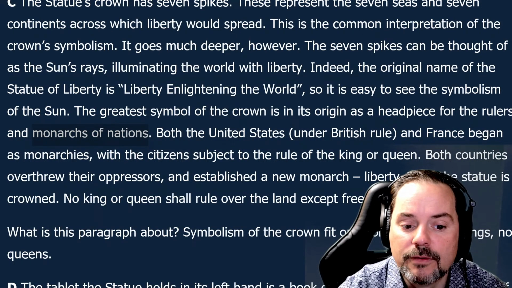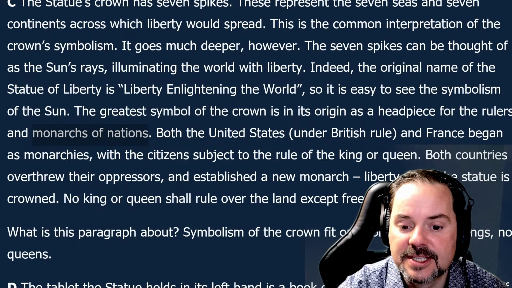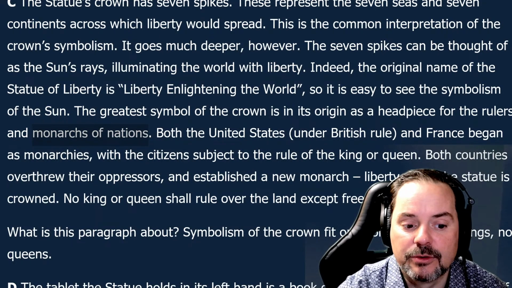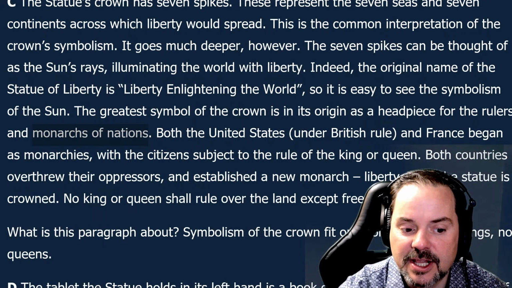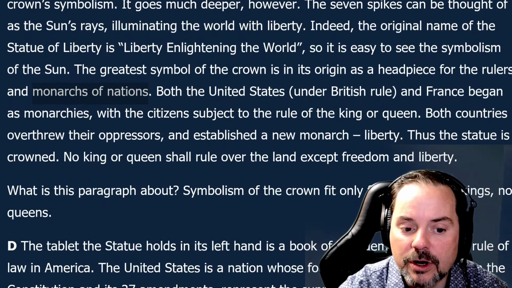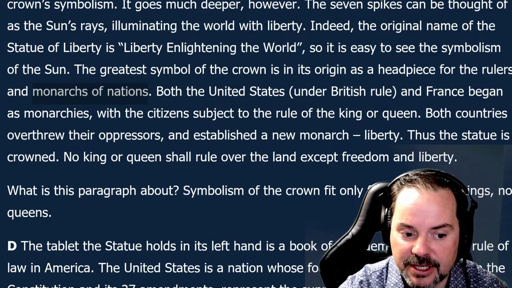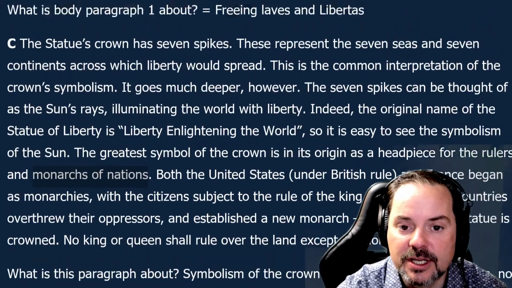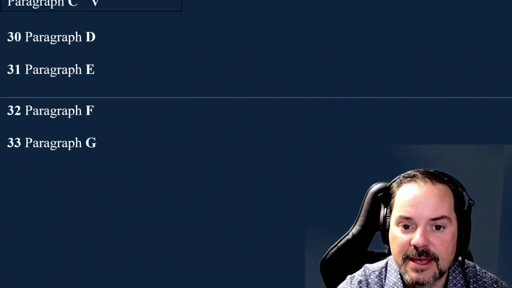Both countries overthrew their oppressors and established a new monarch, liberty. Thus the statue is crowned. Pay attention to that last sentence: no king or queen shall rule over the land except freedom and liberty. So symbolism of the crown, fit only for freedom, no kings and queens. That's what you should get from that paragraph.